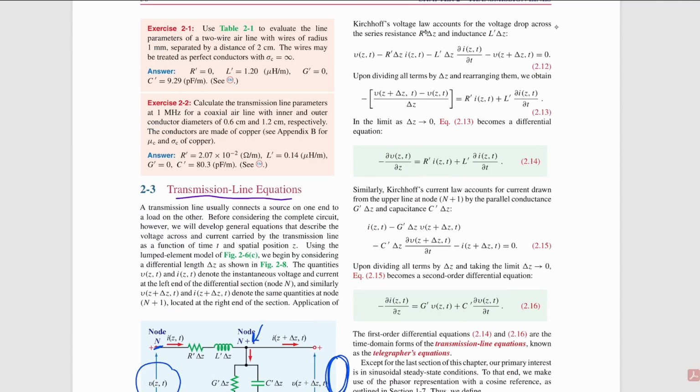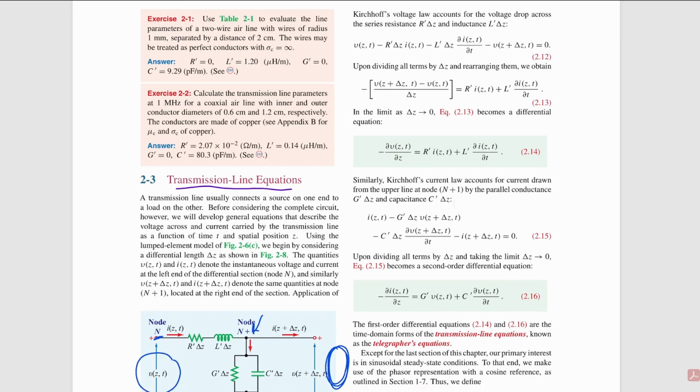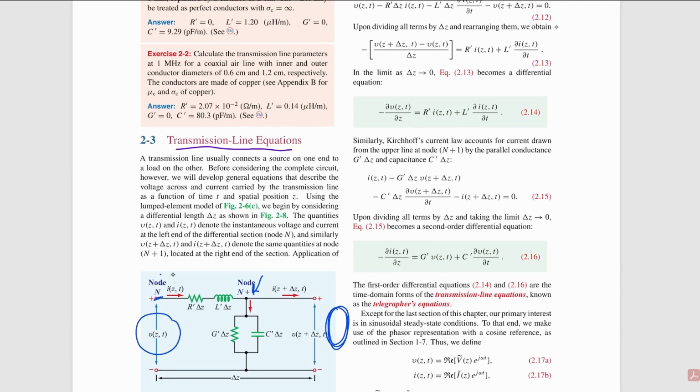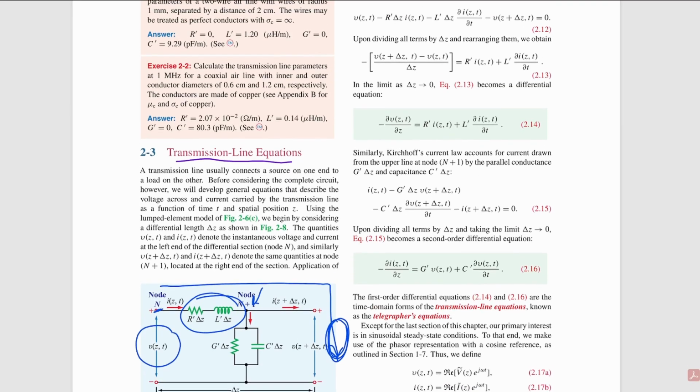Application of KVL accounts for the voltage drop across the series resistance and inductance. So we will do a KVL for this loop, and it accounts for the voltage drop in this. So the voltage here minus the voltage drop equals 0. So let's see how we'll get it.